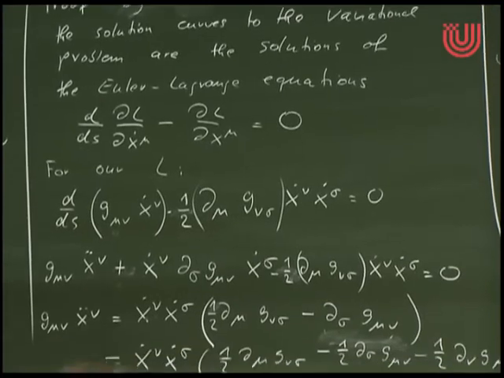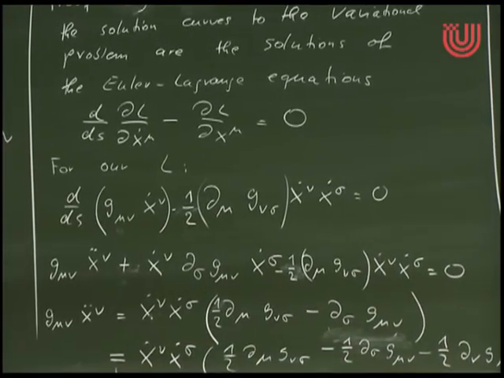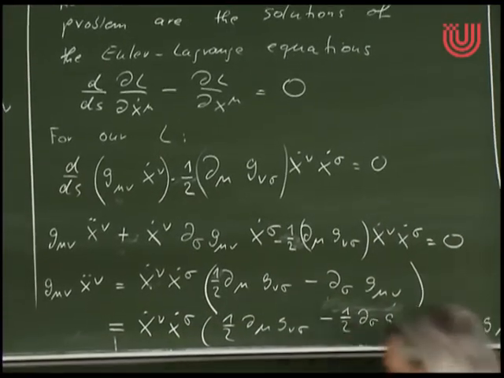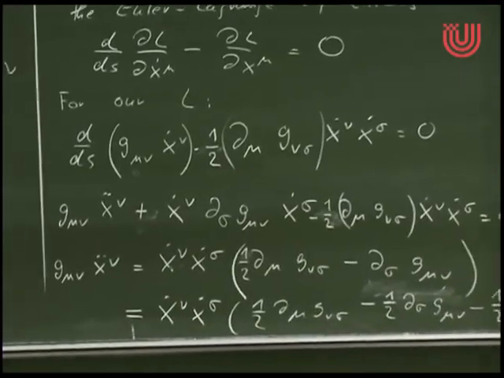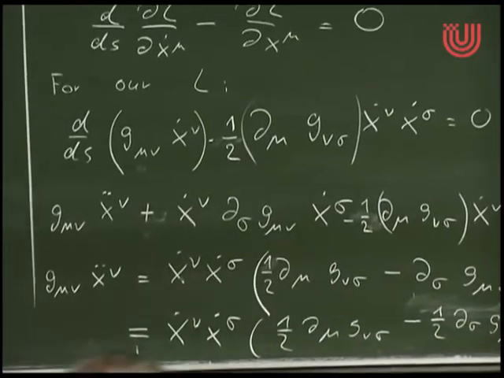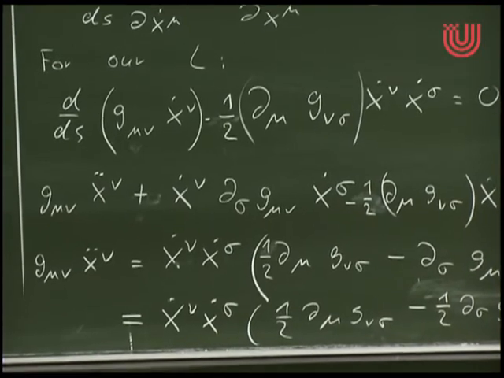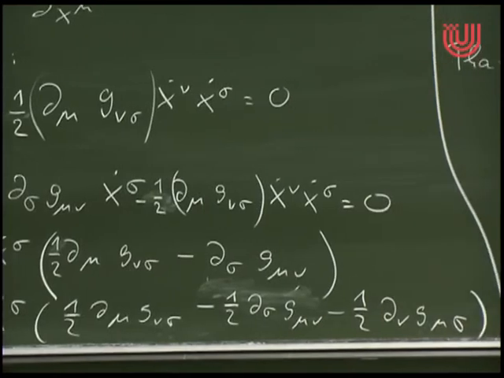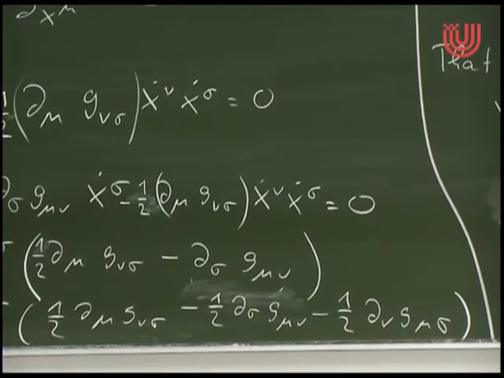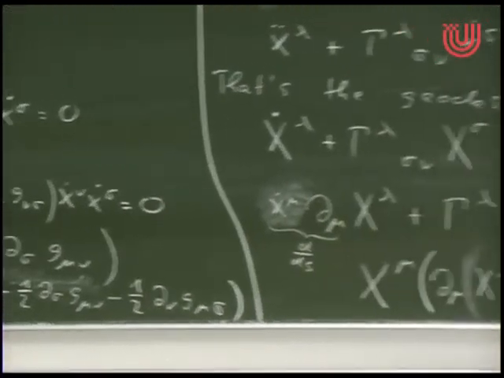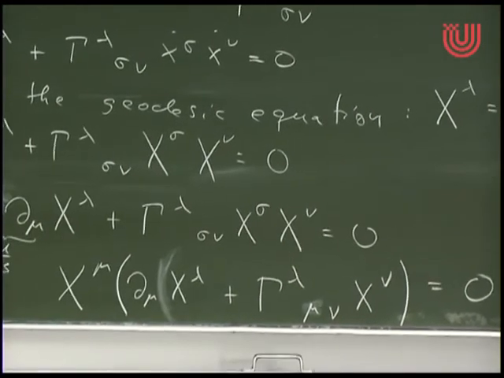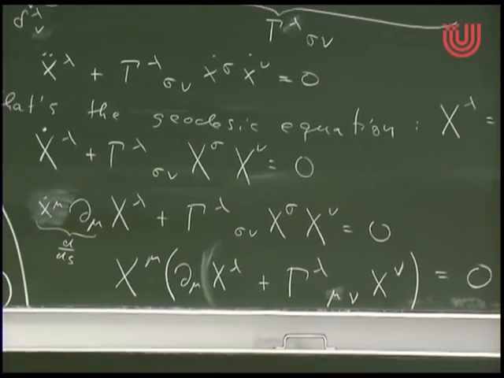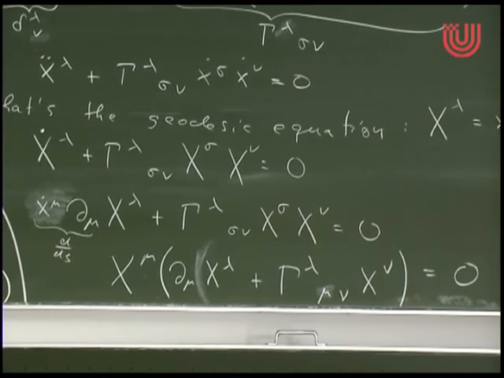So this last equation really means that the vector field capital X, which is a tangent field to our curve, it's little x dot, is indeed parallel along the curve. I hope everybody sees this. So I can write this as X^μ covariant derivative ∇_μ X^λ is 0.